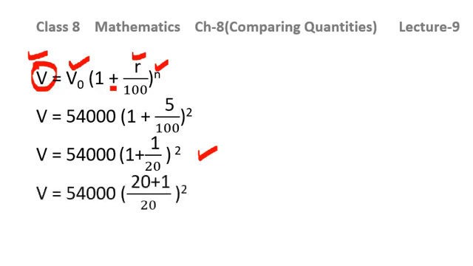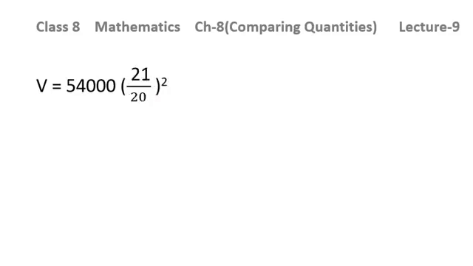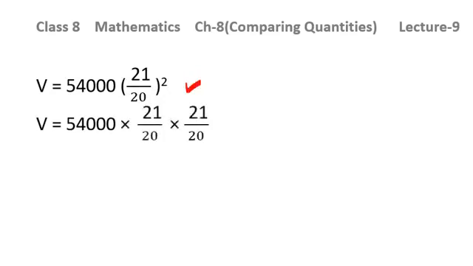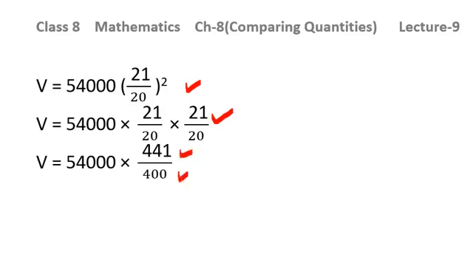Now after taking the LCM in the bracket, V is equal to 54,000 into 21 over 20 raised to the power 2. So 21 over 20 will be written twice because time is given to you as 2 years. So you can take the square of 21, that will be 441. Square of 20 is 400. Rest will be written as it is.